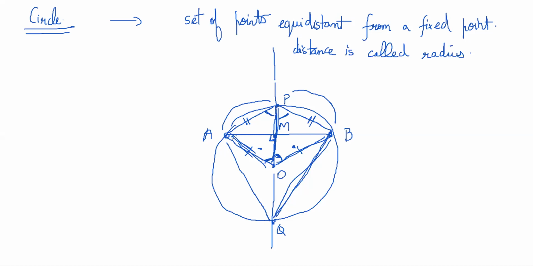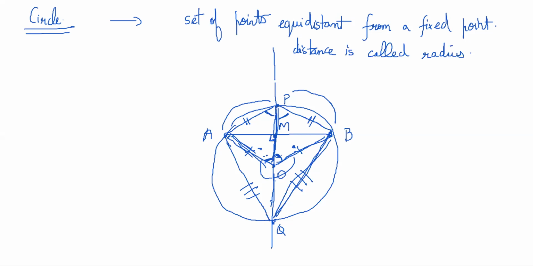Again, SAS you will do, right? So 2 radii and the included angle. Which triangles are you doing? You can do AOQ and this one, BOQ, right? Yeah. Because 2 radii and included angle, right? Because this angle is same, no? So this angle is also same, right? Yeah. So again, you will get that AQ is equal to BQ, right?